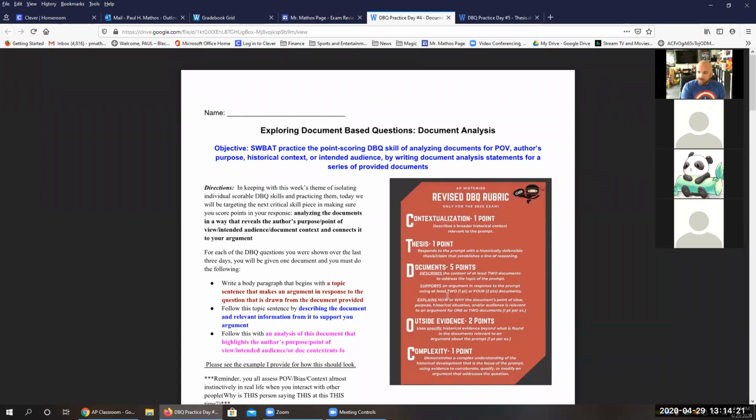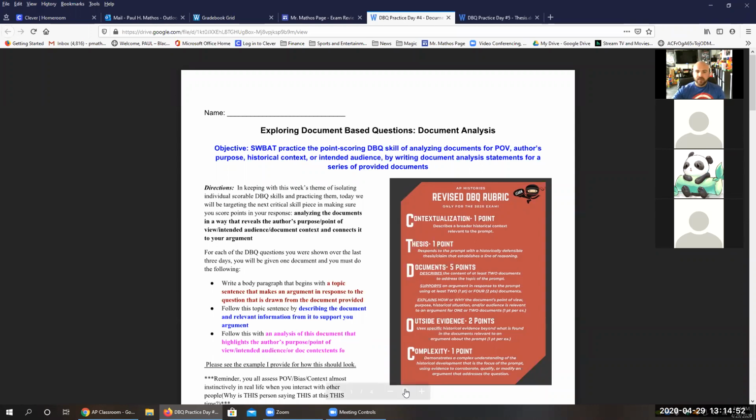Document analysis goes back to what we had done way at the beginning of the year with HIP and SOAP. If you remember, HIP stands for historical context, intended audience, purpose, or point of view, right? These are ways that you can analyze a document, not show how it supports your argument, but analyze the source, the author of that document.